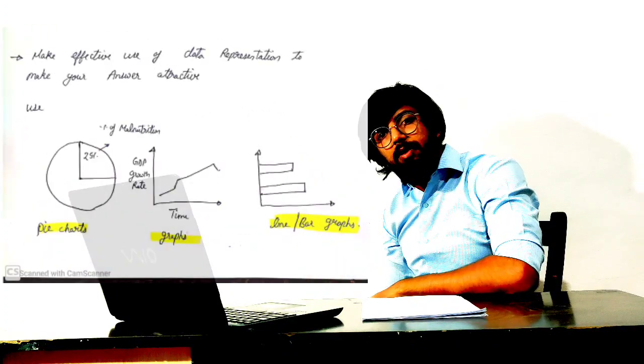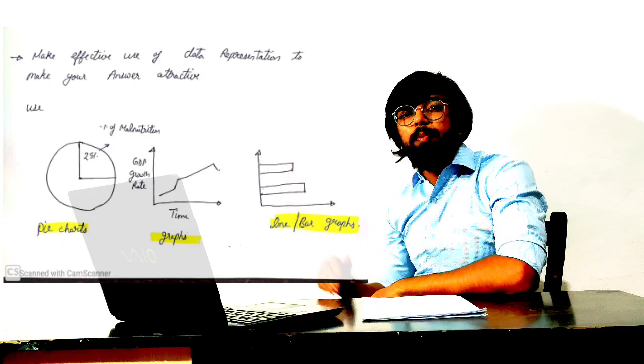For representing those numerical data, what we actually do is write the data and underline it. But there are chances that a small data point in the whole page can be missed out. So we should make use of pie charts, as you can see in the pop-up.